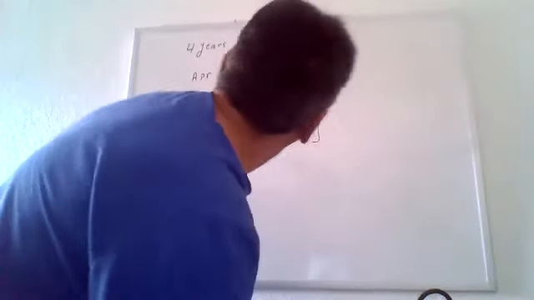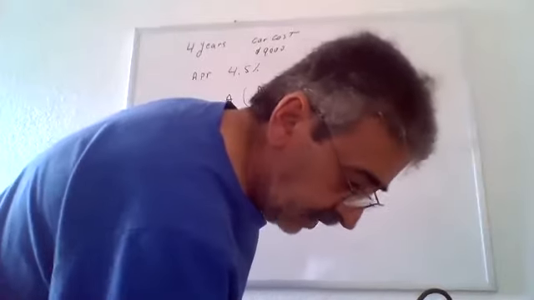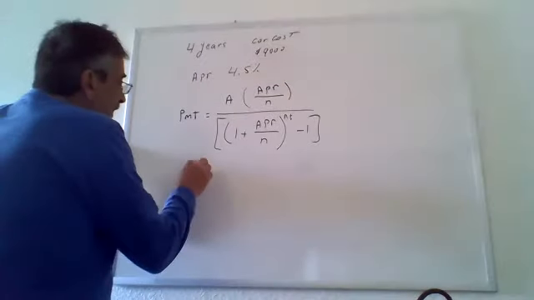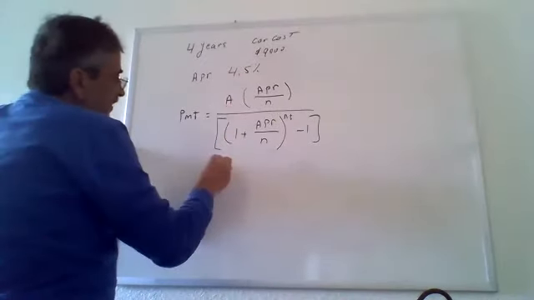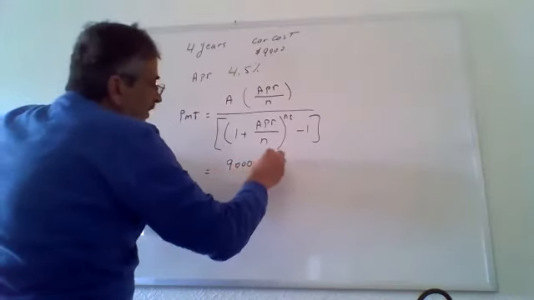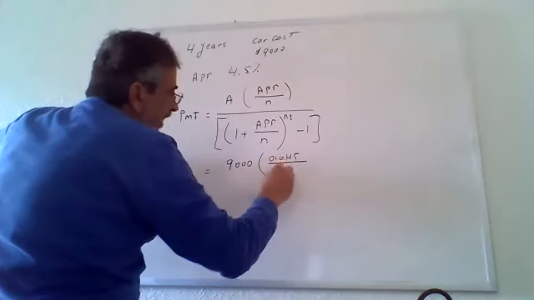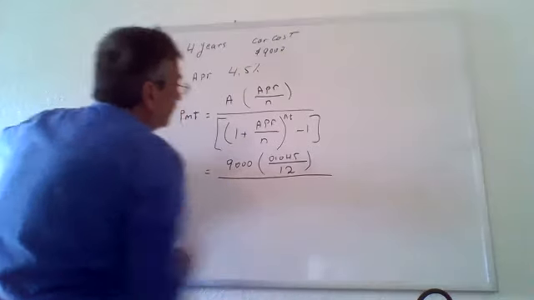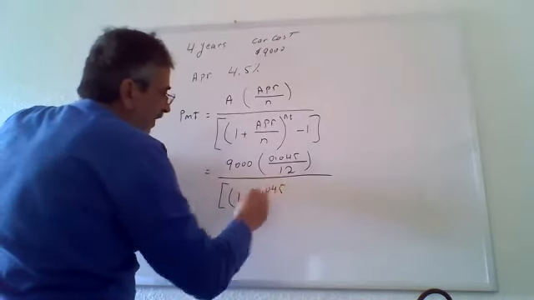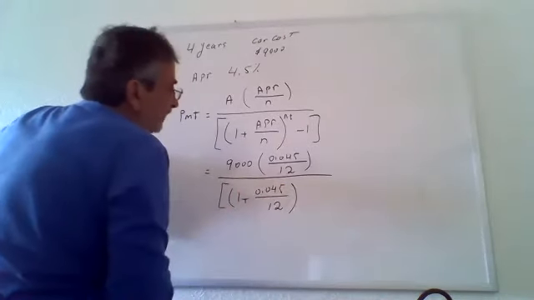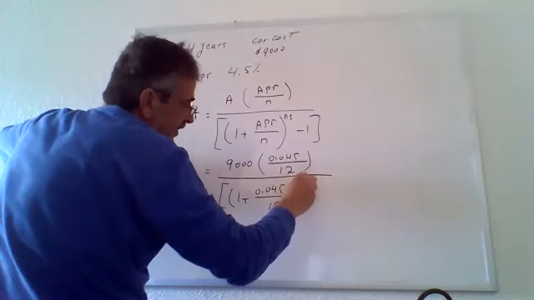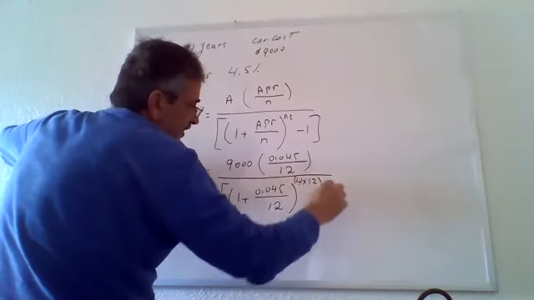So if I go ahead and do that, in this case we have A equal to 9,000 times 0.045 divided by 12, since monthly payment, divided by 1 plus 0.045 divided by 12 to the power, now we're looking at 4 years, so that's 4 times 12, minus 1.